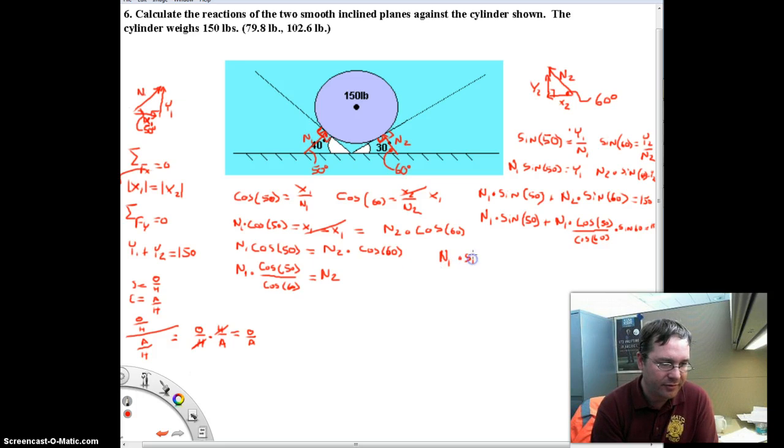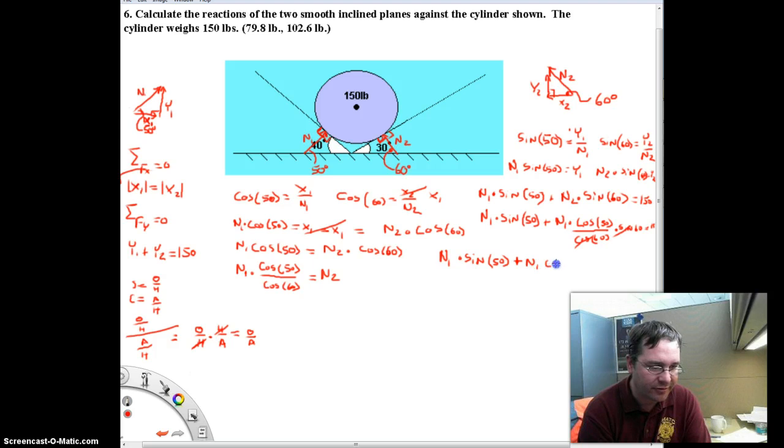n1 times sine of 50 plus n1 times, now this is going to go away and get replaced by the tangent function. So it's just cosine of 50 times tangent 60 equals 150.